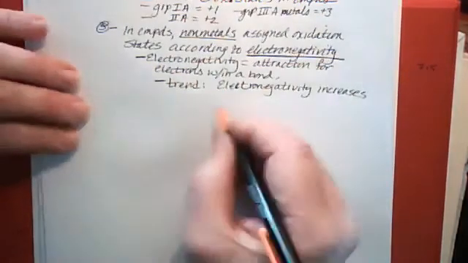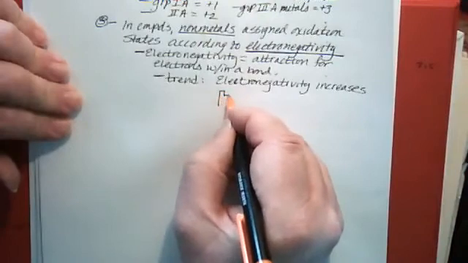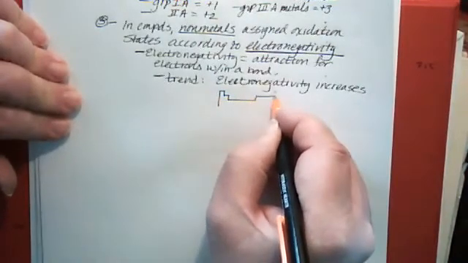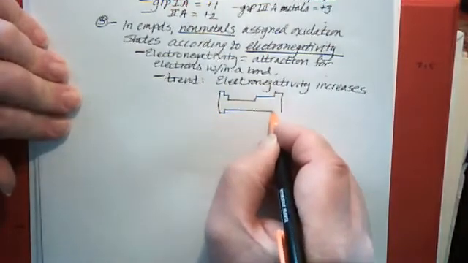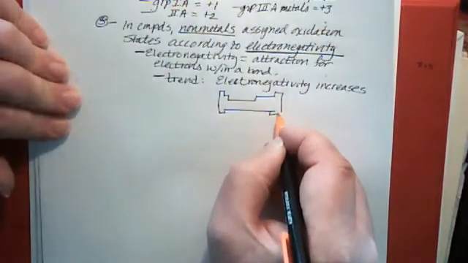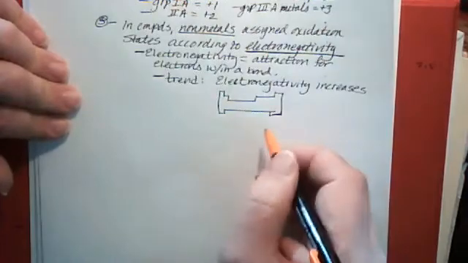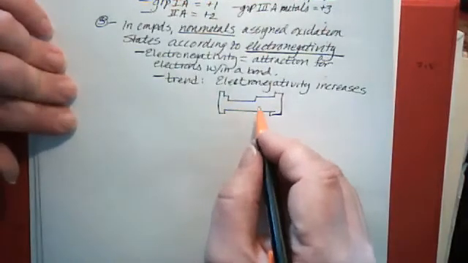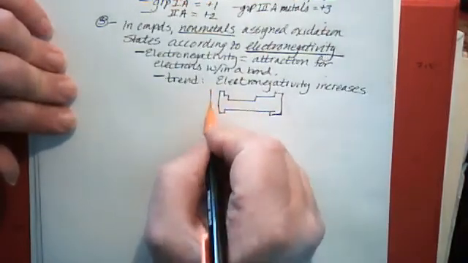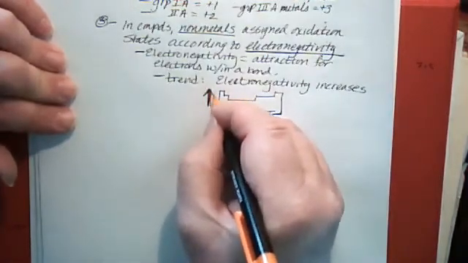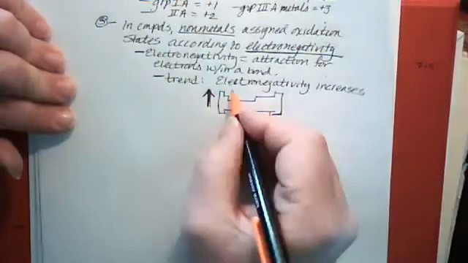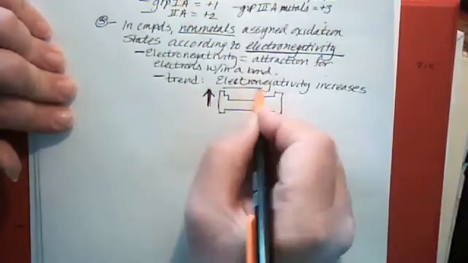And as you look at the periodic table, which looks something like this, the trend in electronegativity increases as you go up a group, and it also increases from left to right.